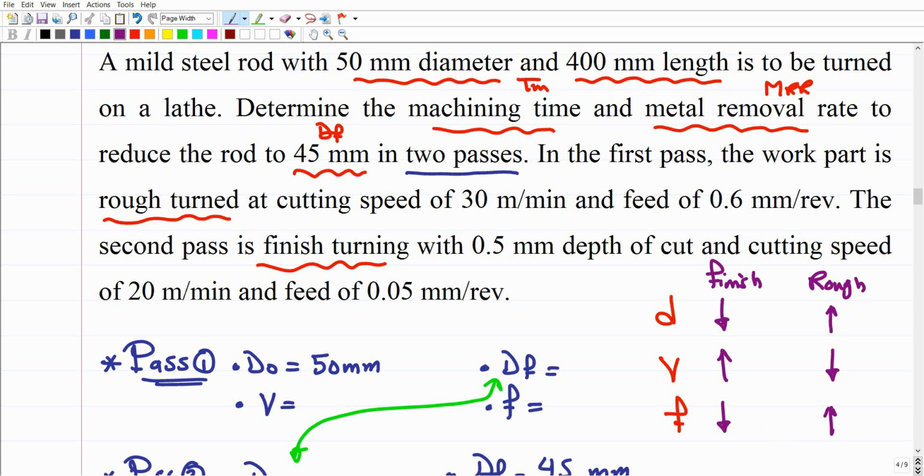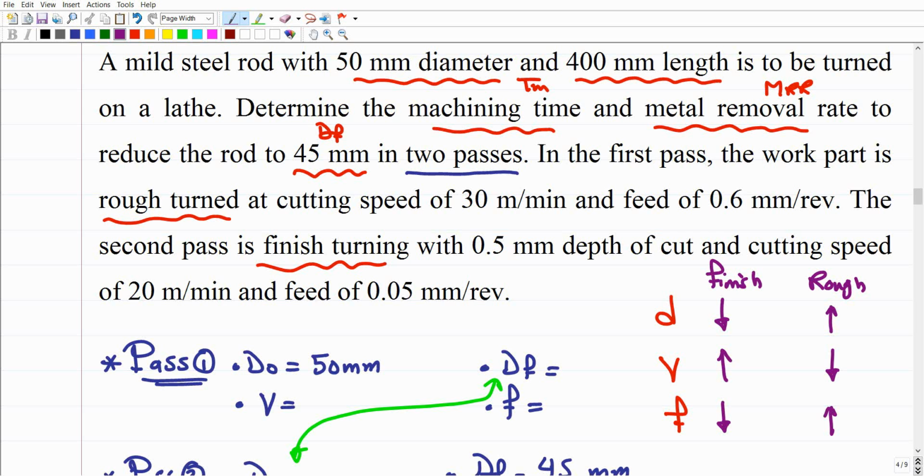Make sense? Someone would say, okay, so why do I need to have a rough surface? No, we don't need a rough surface, but we need to finish the work part very quickly. We have to save time to save cost. We said that the machining time is related to the cost. The longer it takes, the more cost.